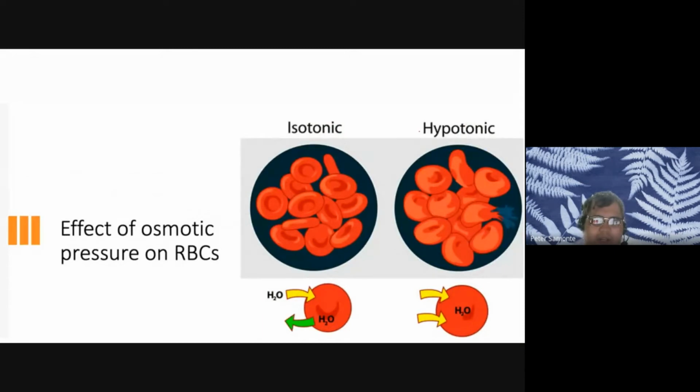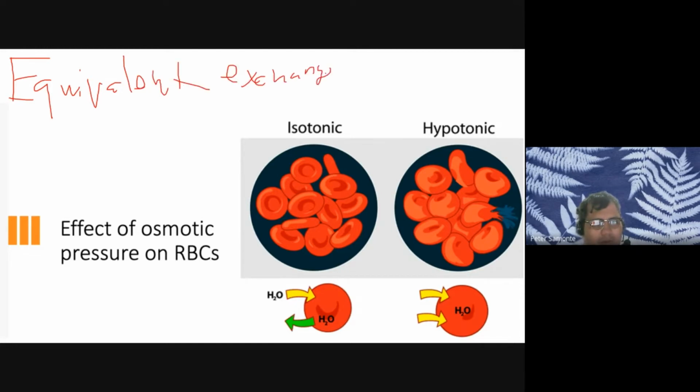Okay, let's talk about your isotonic and hypotonic solutions. Class, in your isotonic solution, there is what we call an equivalent exchange of water. Now, we're talking about your osmosis na. There would be the movement of water into a cell. So, water would enter the RBC and the water would also exit the cell.